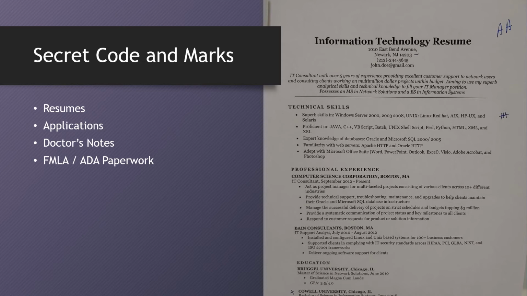So the one thing that I want to go over on resumes, this happens especially a lot on resumes, is secret codes and marks. This can happen on other documents, sometimes on things like FMLA or ADA documents and paperwork, doctor's notes, but it particularly seems to happen a lot on resumes and applications.